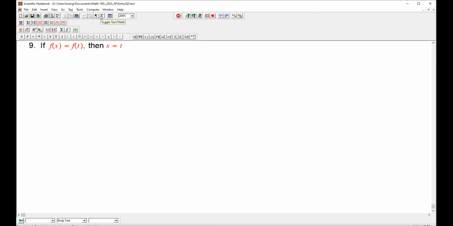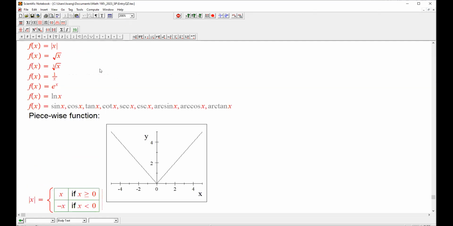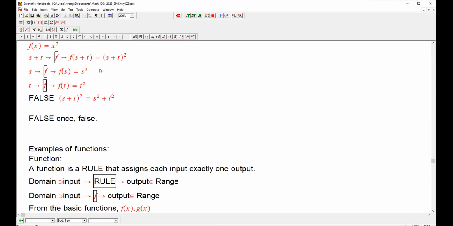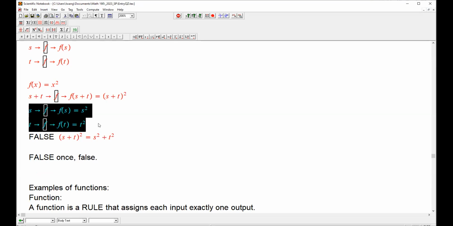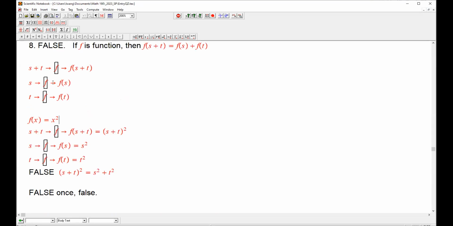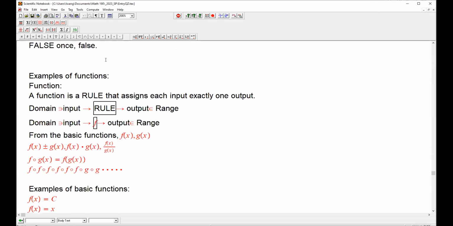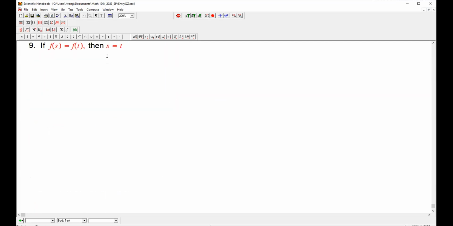What does that imply? It implies that we talk about s and t. Let's start from here. Each input has exactly one output. That's a function. So when the outputs are the same, does that imply the input must be the same?